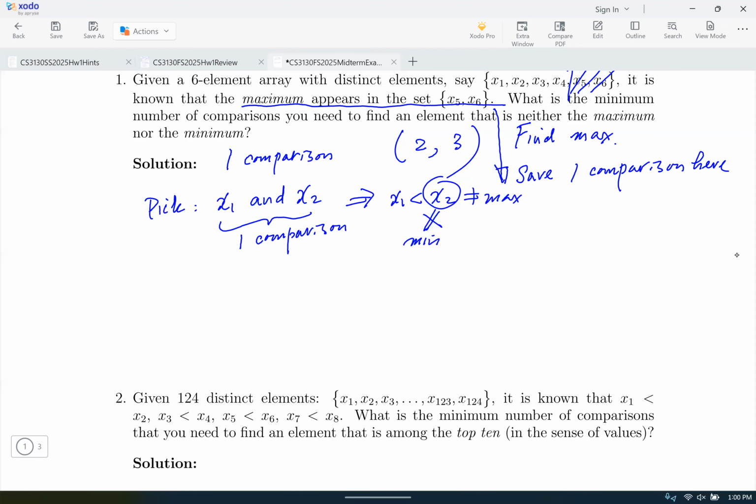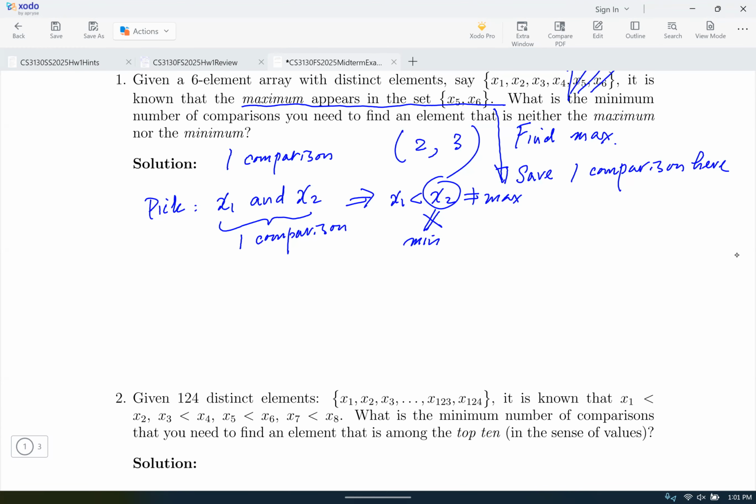I give you the information that one of the elements cannot be the maximum. Then you need to use 2 comparisons. So one better. This time I give you a little more information.